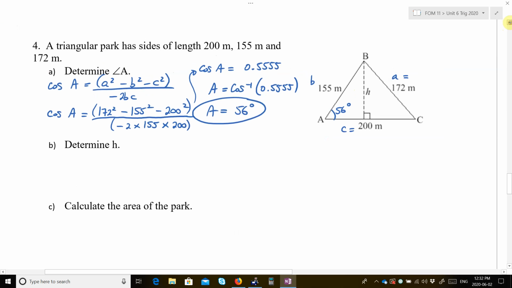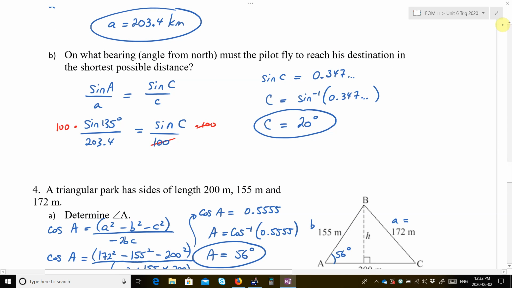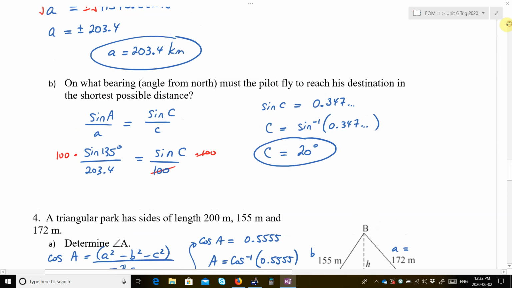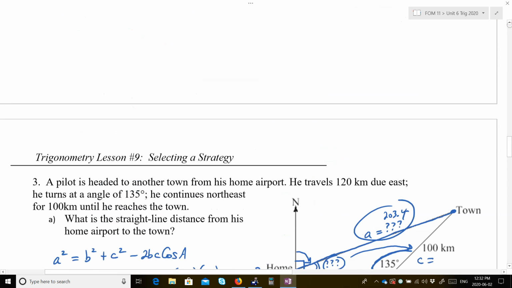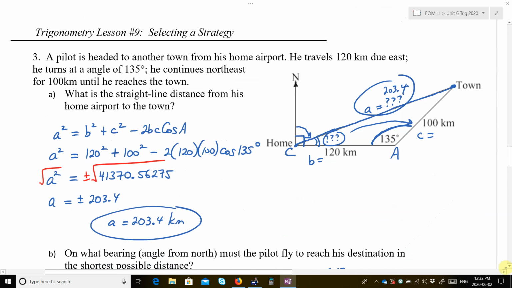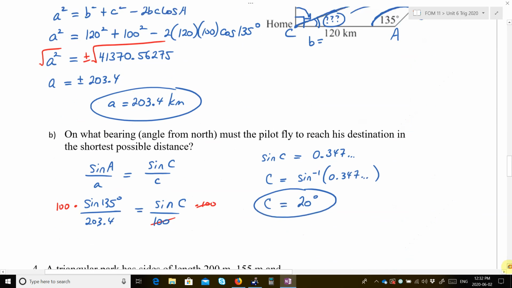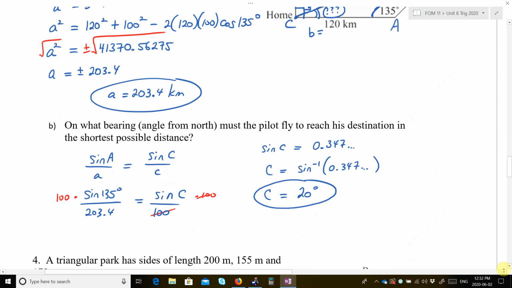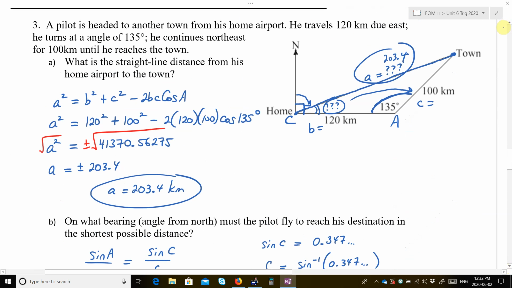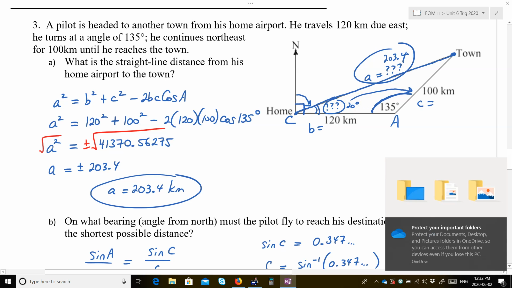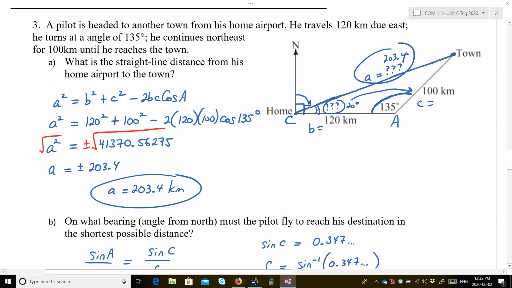And I just want to go back to number 3 for a second, because I want to make sure we answered the question here. We got the answer in the answer key, but we got this angle right here, which is 20 degrees. We didn't actually answer on what bearing angle from north that would be, and the answer key didn't do it either.